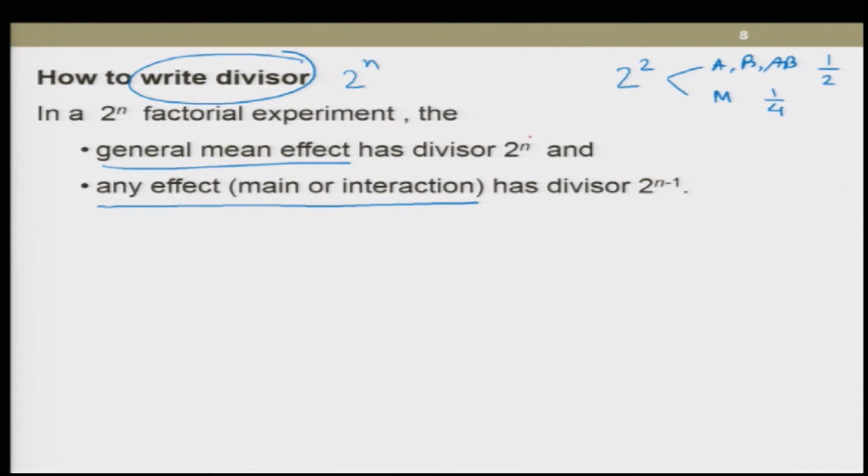The rule here is very simple. For the general mean effect, the divisor is going to be 2 raised to the power of n, and for all other main effects and interaction effects, the divisor is going to be 2 raised to the power of n minus 1.